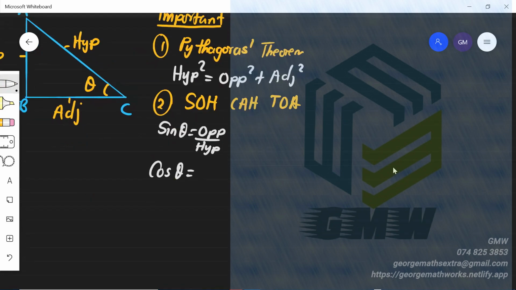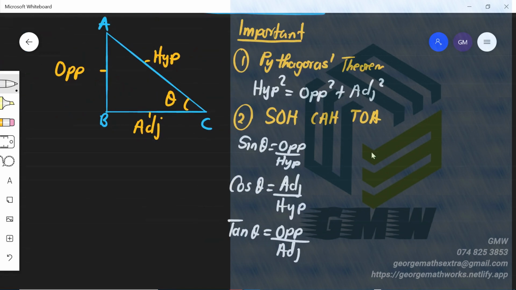Cos theta is adjacent over hypotenuse. Then tan theta is opposite over adjacent.